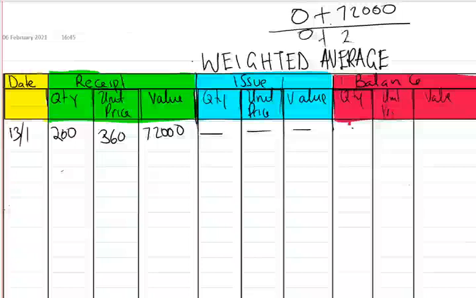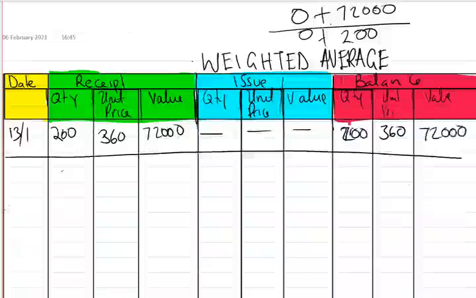There are 200. So we're going to say 72,000 divided by 200, which is 360. So we're saying the quantity is 200, the unit value is 360, and the value is 72,000. We'll go on to the next.